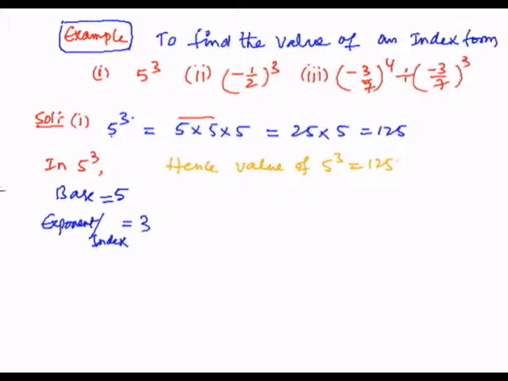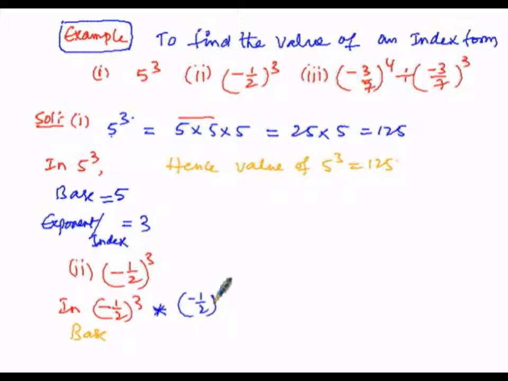Then now let us go for the second case, that is we have to find the value of minus half whole cube. In the expanded form, minus 1 by 2 whole cube, when it is multiplied thrice, the base is minus 1 by 2, and it must be multiplied 3 times, that is minus half into minus half into minus half.